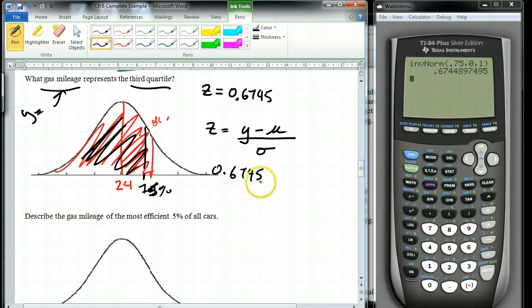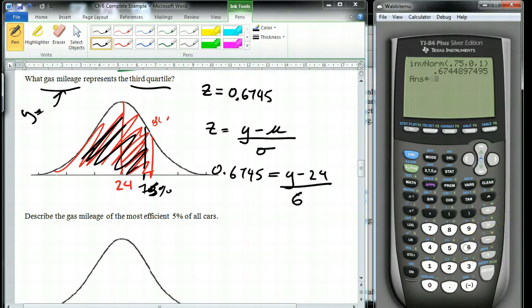equals y minus 24 divided by 6, I think our standard deviation was. Let me just do this quickly. So I'll multiply that by 6 and add 24.